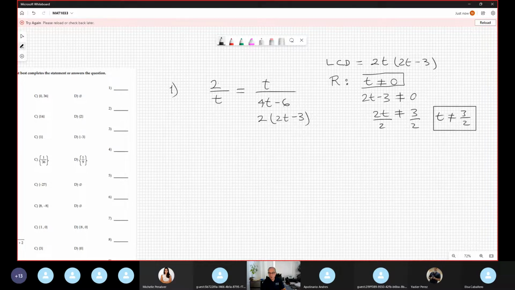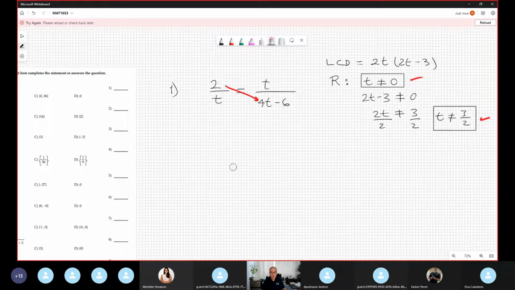When I finish the problem, in this case, the easy way is cross multiply. And I cross multiply like that. And you solve the new equation. If the answer coincides with this or this, you eliminate it, you discard it, not including it in the solution set.